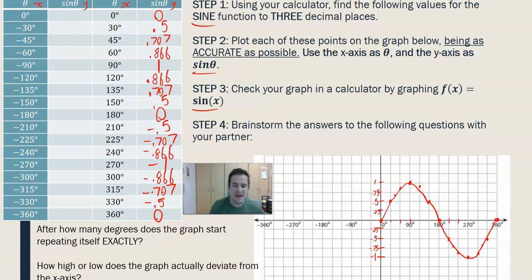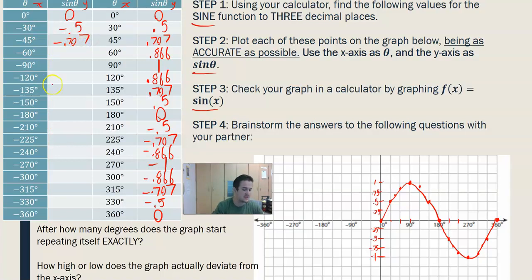Okay, now just think in your brain here, where do you think this is going to go in the negative direction? I went through this full up and down back to the x-axis over 360 degrees. What do you think is going to happen on the left side here? Well, let's check. Sine of 0 is 0. Sine of negative 30 is negative 0.5. Sine of negative 45 is negative 0.707.